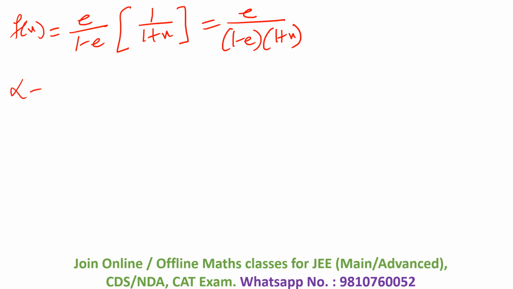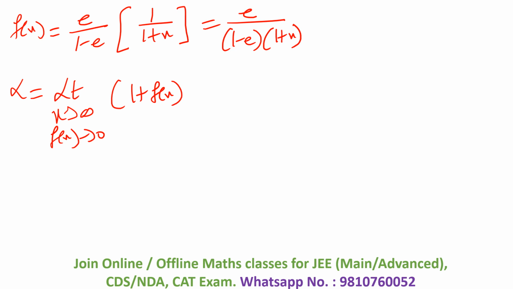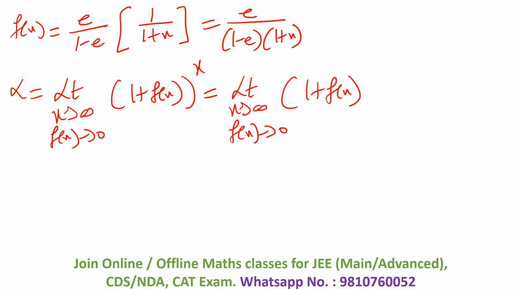Now the value of alpha is limit x tending to infinity, f(x) tending to 0, (1 plus f(x)) whole power x. Now to use the formula that I have mentioned, I will be rewriting this limit as limit x tending to infinity, f(x) tending to 0, (1 plus f(x)) whole power 1 upon f(x) into x into f(x).